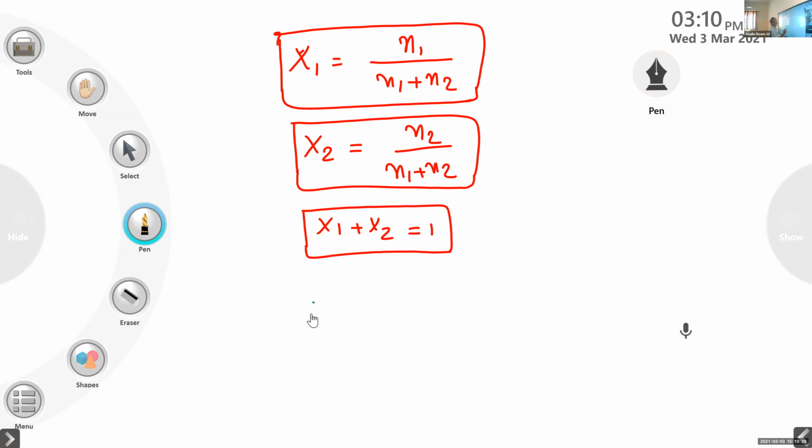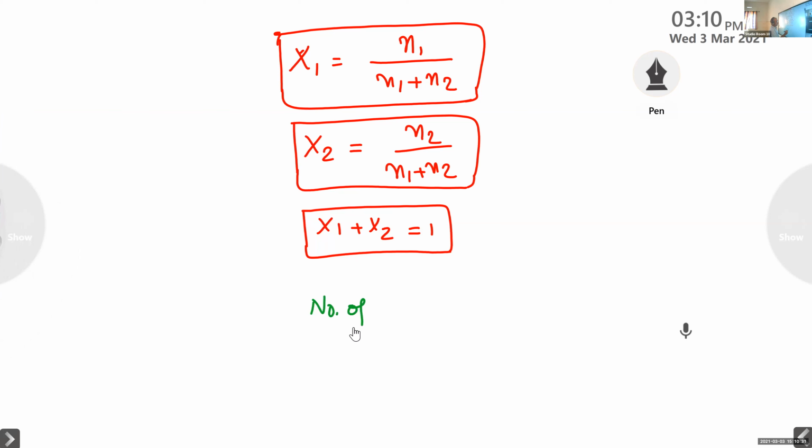Okay. Number of moles is equal to mass in gram by molar mass. That is the equation to calculate number of moles.